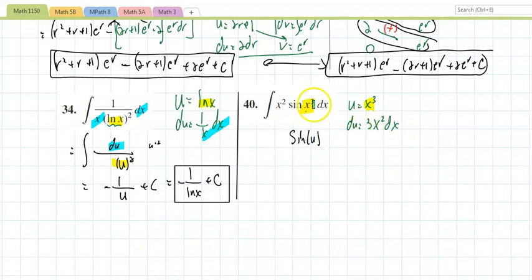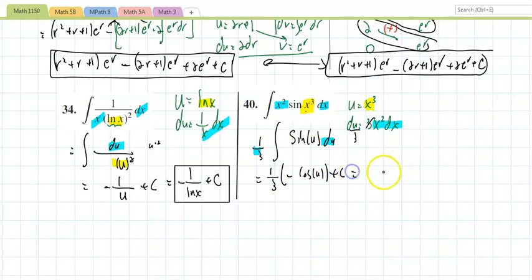And if I look at x squared dx, that is simply du with a price of 1/3. That's easy. That is 1/3 times negative the cosine of u plus c. That is negative 1/3 the cosine, and u was what?